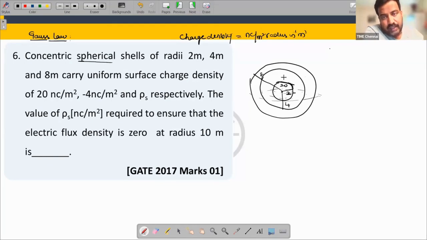So charge density is 20, minus 4 and rho s. What is it asking? What is the value of rho s that is required to ensure that the electric flux density is 0? The value of rho s for which D is 0 at radius 10 meter.